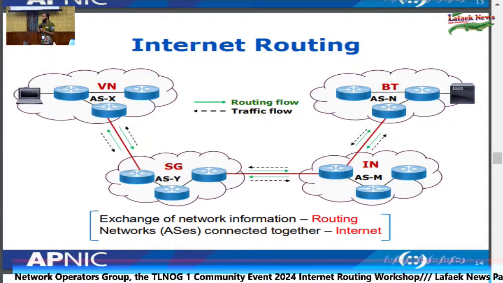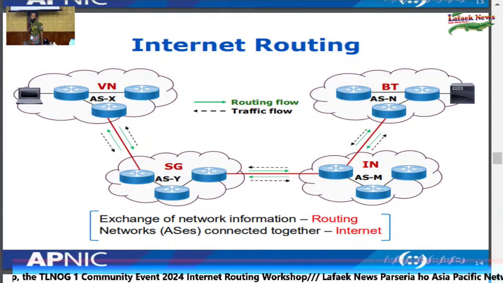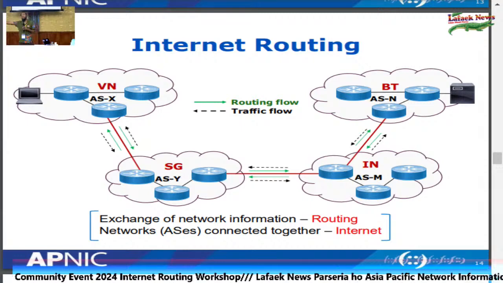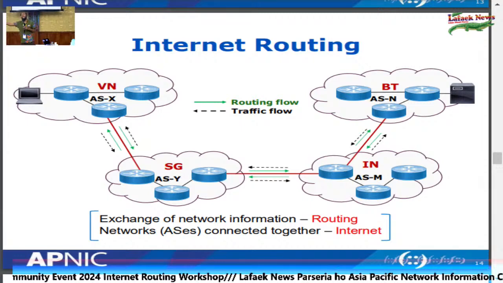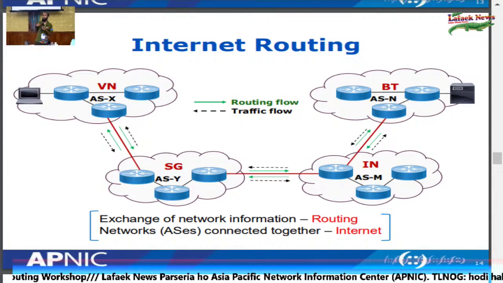I have 1,000 routers. What am I going to tell that company? I'll tell my autonomous system number so it understands this whole network is mine. They will tell their autonomous system number so I understand I'm talking to that AS number.